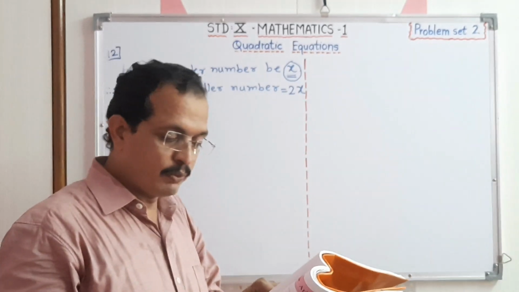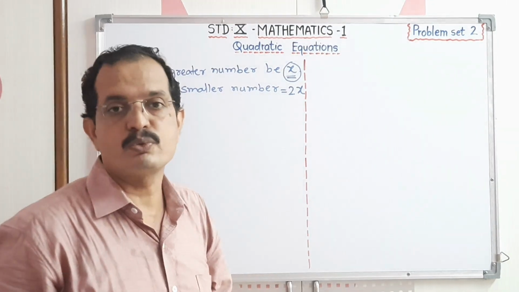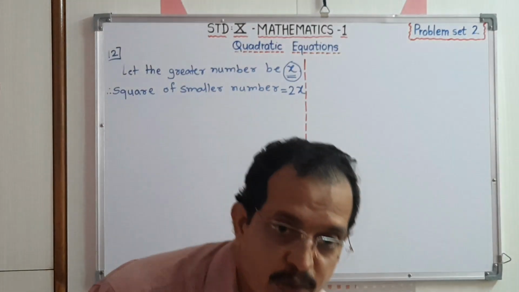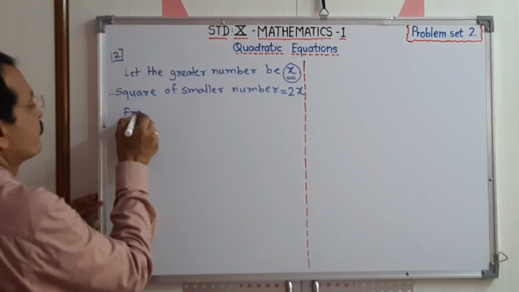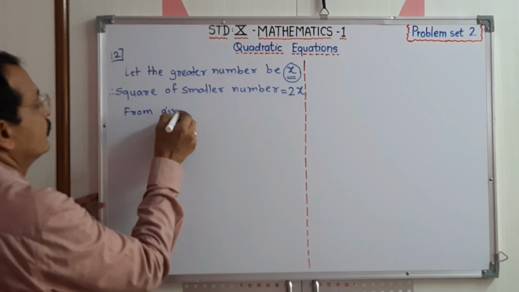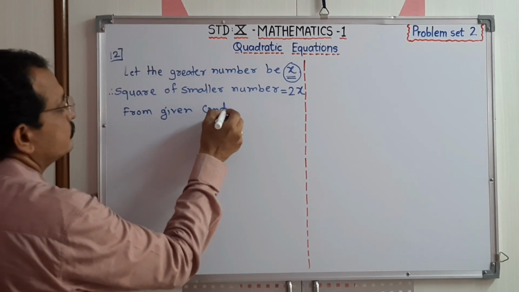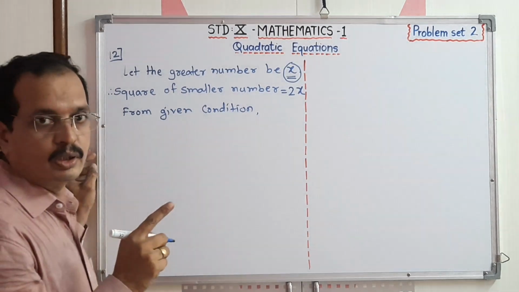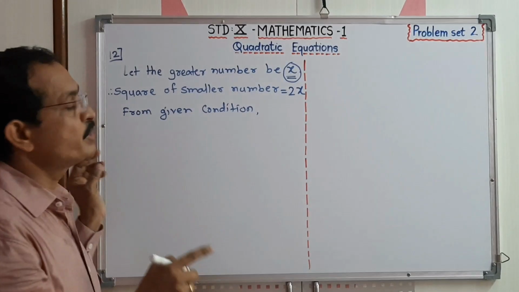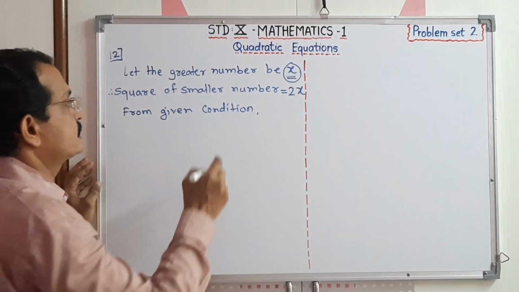The difference between the squares of two numbers is 120. Therefore we have to write from the given condition: we have to find the difference between the squares of two numbers.